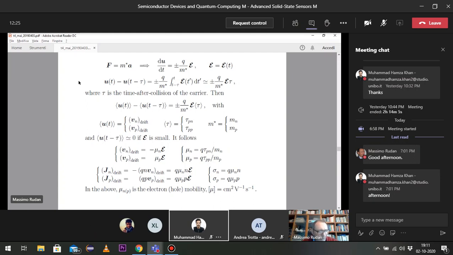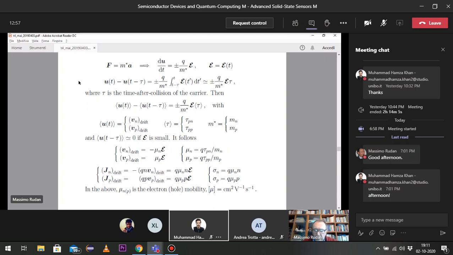That is an equation that provides the expression for the current density of electrons or holes in the semiconductor. In doing so, we also define some parameters. We define the diffusion coefficients and the mobilities, and then the conductivities, okay?